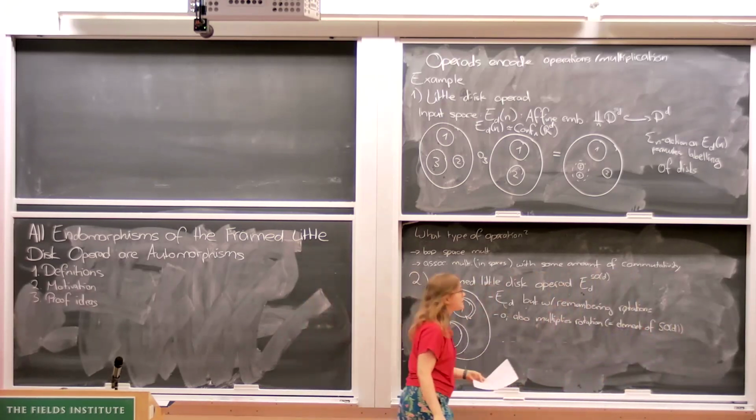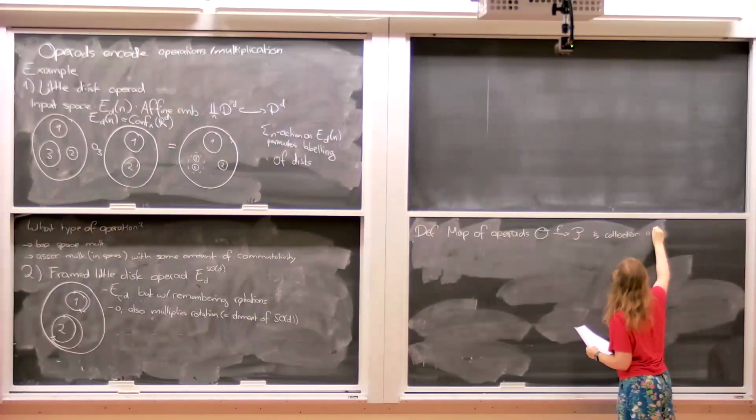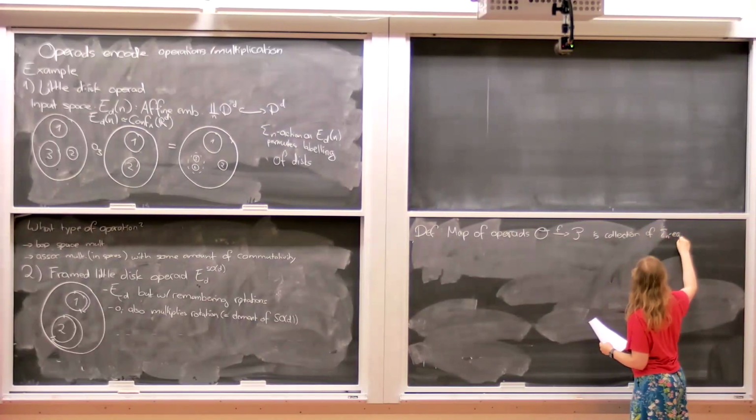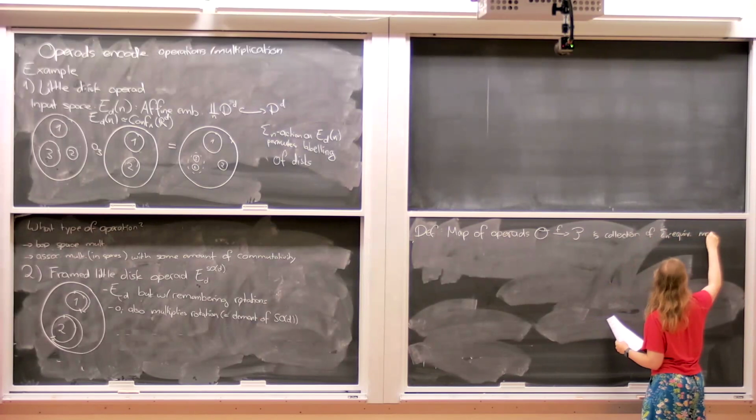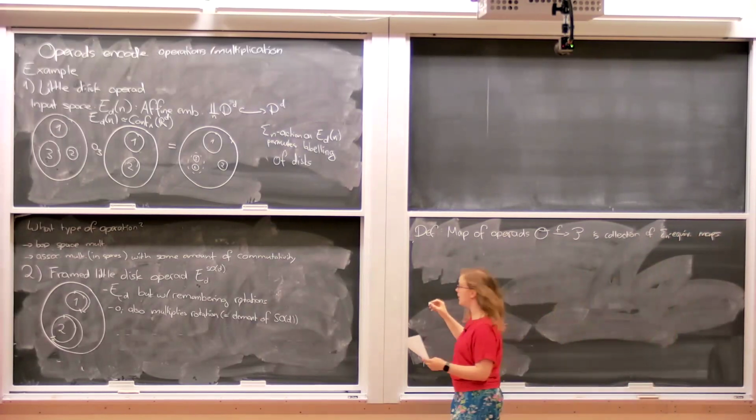Okay. So we care about endomorphisms and automorphisms, so we care about maps of operads. Let's take two operads, O and P. A map in between those is a collection of Sigma_n equivariant maps, and they, of course, go in between all the input spaces.